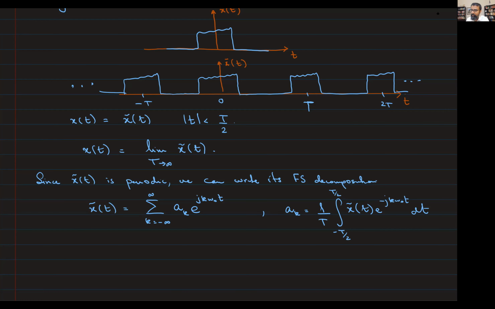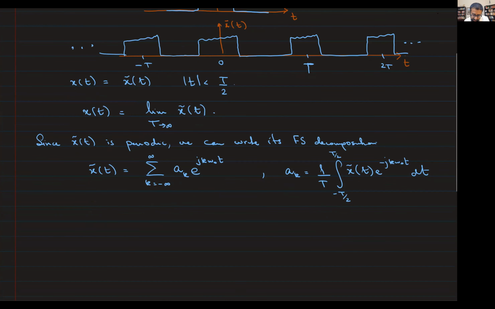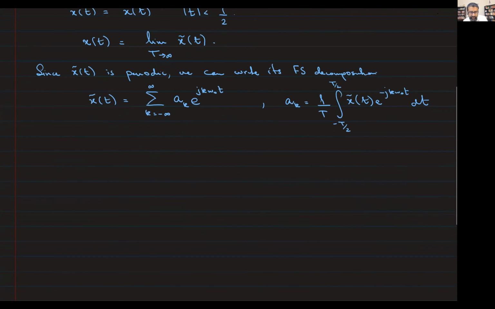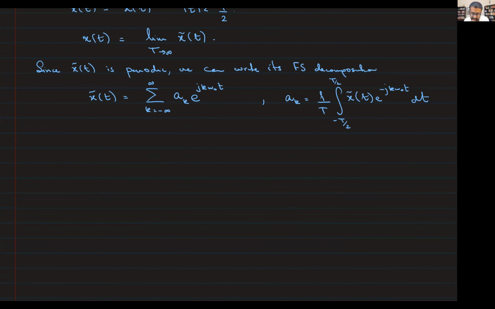Just application of the Fourier series analysis that we know of. So let me look at this a k for now. Let's say this is equation 2 and this is equation 1.